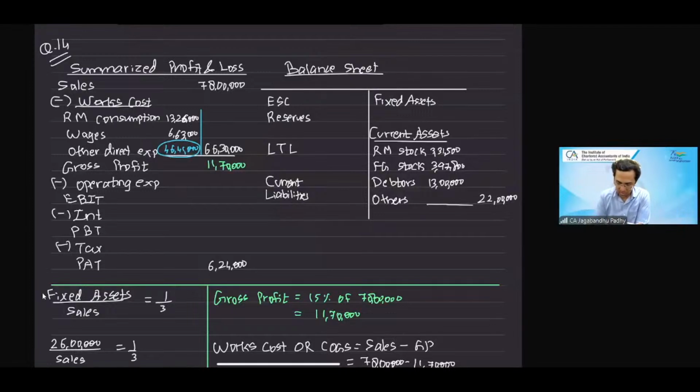So what should be the other's balance? It will be a balancing figure. Let's see what this balancing figure comes to. 22 lakh minus 48 lakh... minus 331,500 minus 397,800 minus 13 lakh. 1,70,700, right?